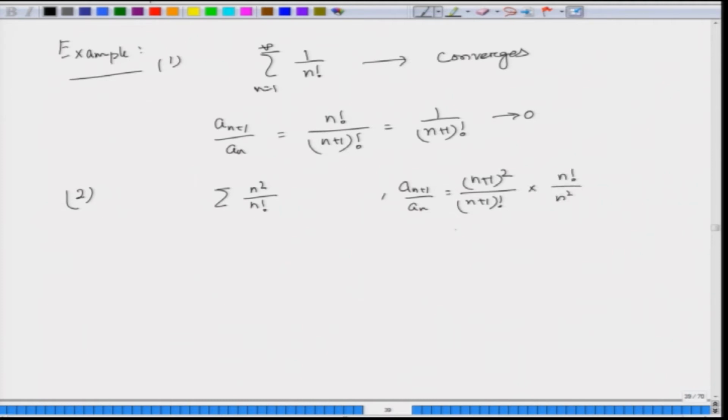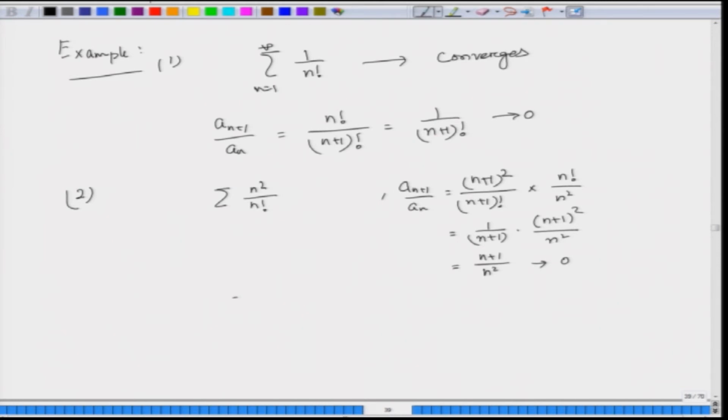So, this is 1 by n plus 1 into (n plus 1) square by n square, which is (n plus 1) divided by n square, and this goes to 0 as n goes to infinity. Therefore, this series is a convergent series.